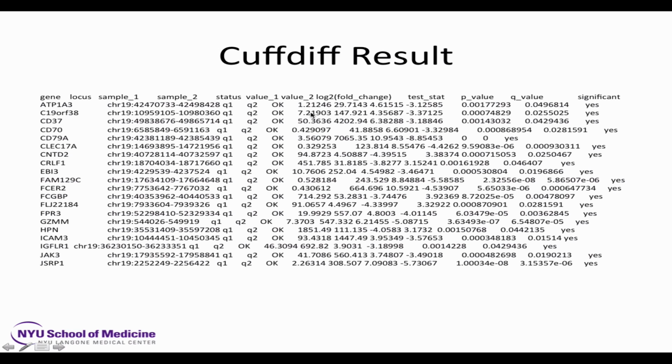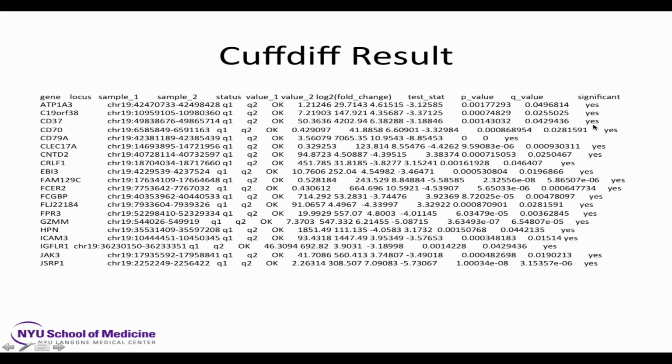Then it has the value in sample 1, the value in sample 2, a t-test p-value, a q-value, which is a multi-test corrected p-value. It should be a larger number. In other words, it's less significant after multi-test correction.